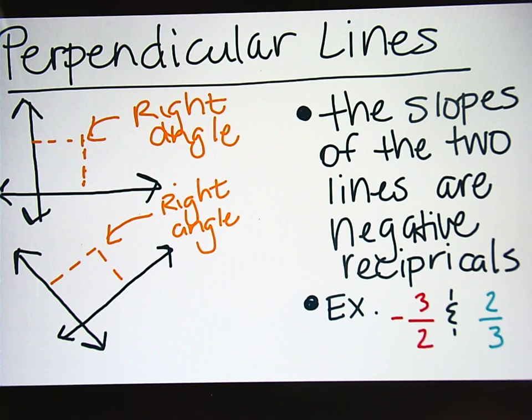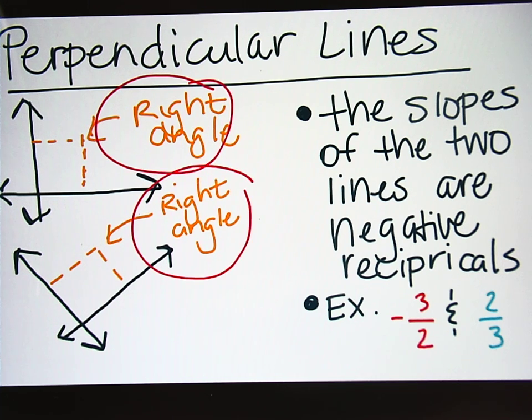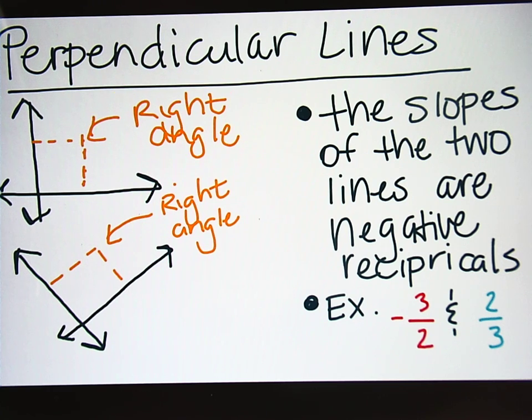When you have two lines that cross each other or that intersect, if they form a right angle, just as both of these sets of lines do, then you're dealing with perpendicular lines. In perpendicular lines, the slopes of the two lines are negative reciprocals. Again, the slopes of the two lines are negative reciprocals.